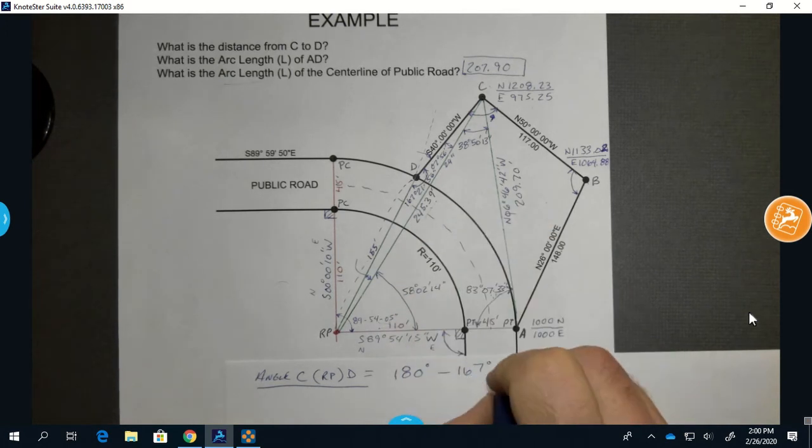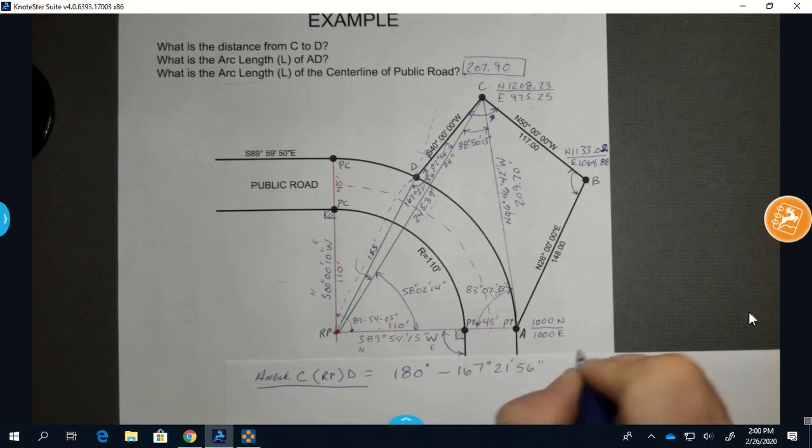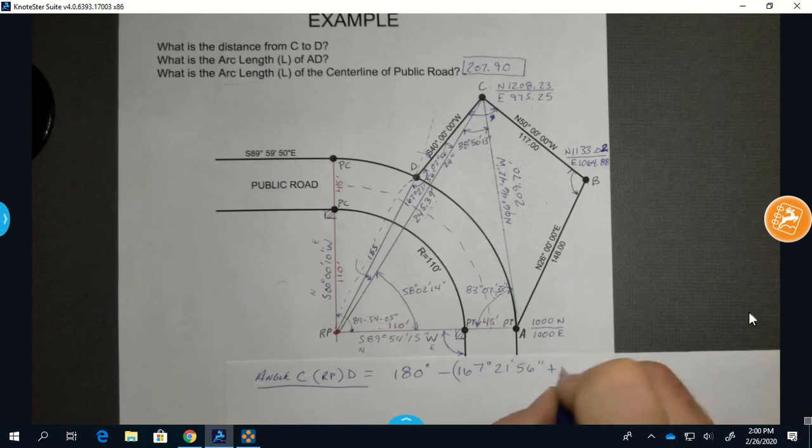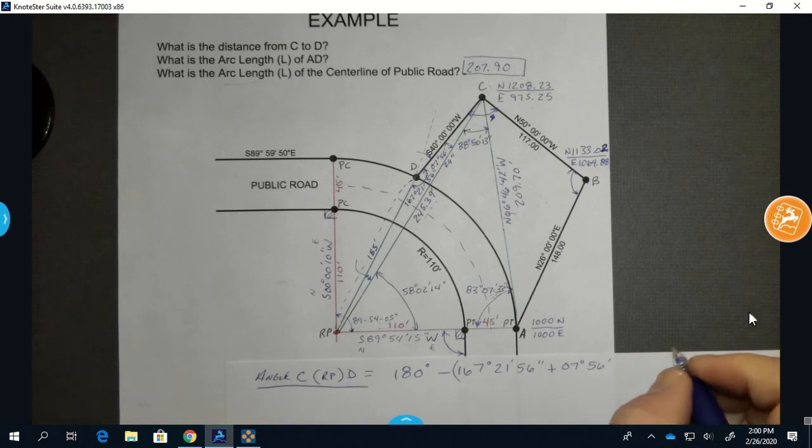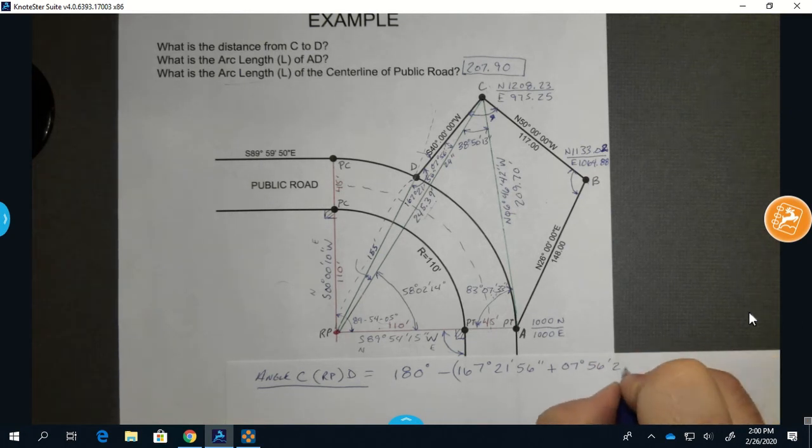167 degrees, 21 minutes, 56 seconds, plus, so I'll put this in parentheses, plus 7 degrees, 56 minutes, 29 seconds. Okay?